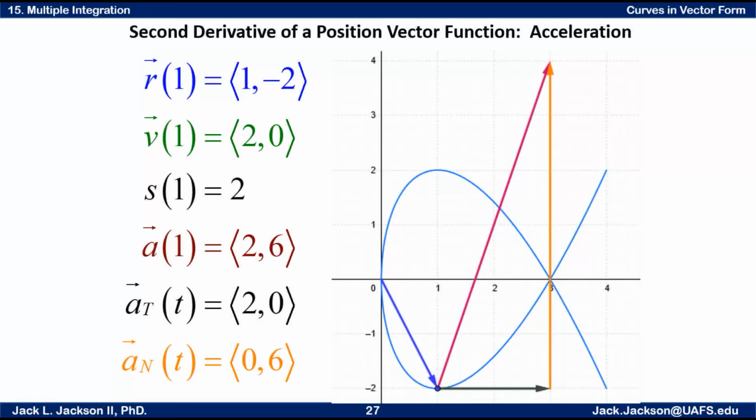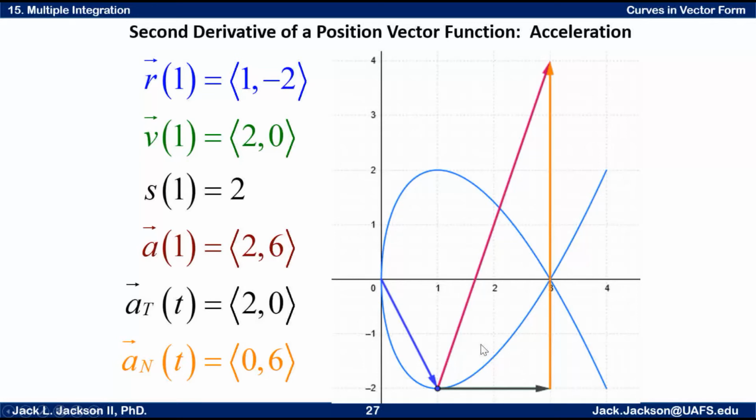And this orange component: if you're facing the direction of the velocity vector, the orange vector is the normal component, which is 0, 6. That's pointing to your left. That means you're turning to the left. So if you're facing forward and moving in this direction, you're going to be doing a left turn here.